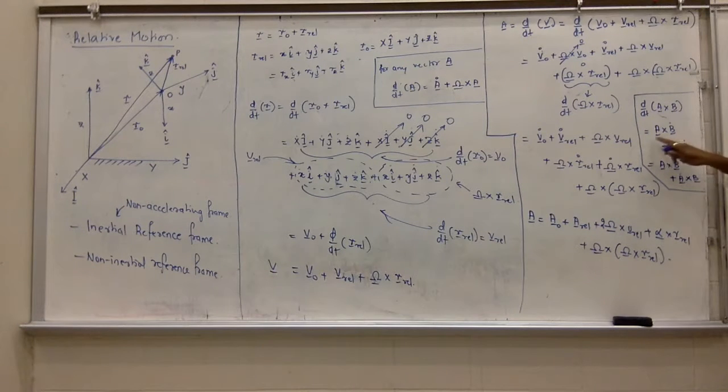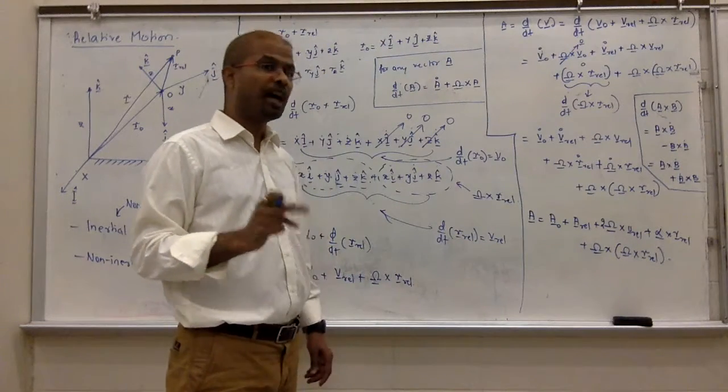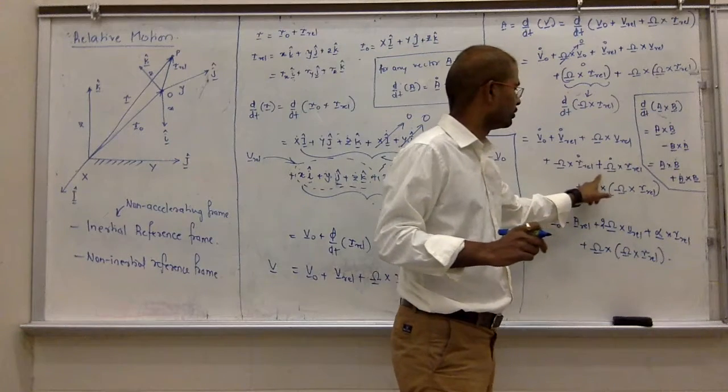So here it is opposite, so it's negative. Switching, and it's positive. A cross B is negative B cross A. You should be aware of that as well: A cross B is equal to minus B cross A. And that's where this comes in.